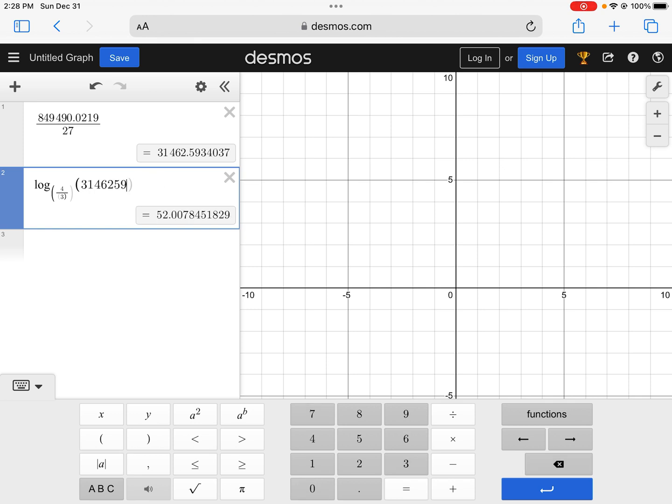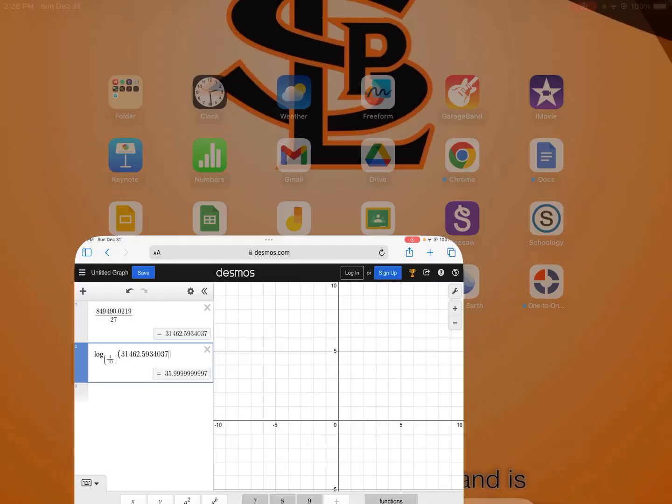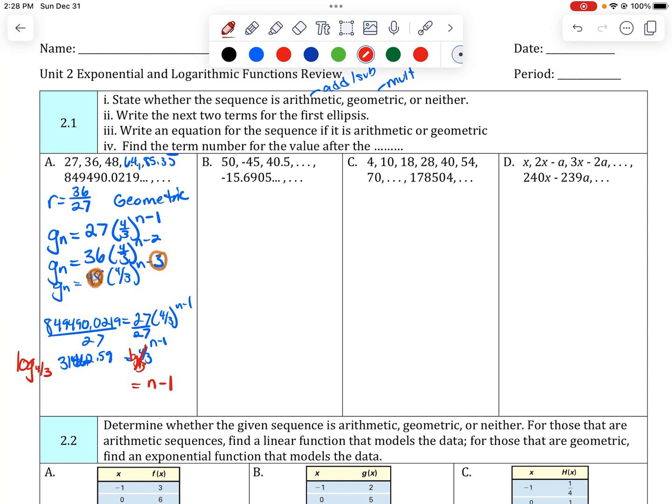Oops, and I forgot the point. This is 35.99, so 36. So that means it has to be the 37th term.